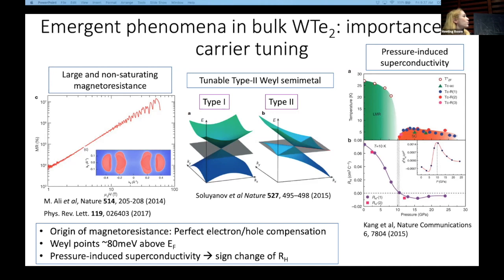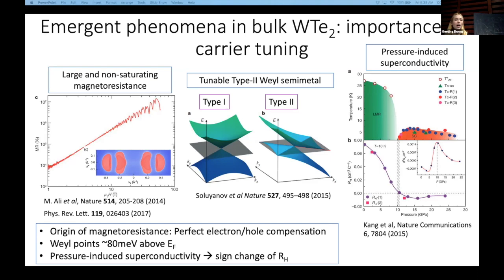This prediction has been pursued by many different ARPES groups. I would say from the photoemission side of things, and I can come back to this in the Q&A if people are really curious, the direct ARPES evidence that it's a type 2 Weyl semimetal is fairly tenuous, and I think it would be almost impossible to confirm in this specific compound.